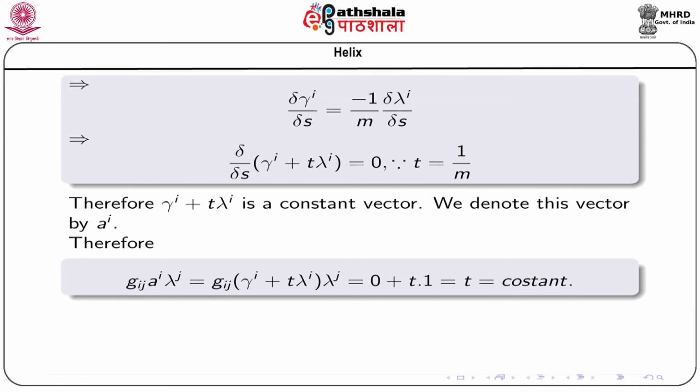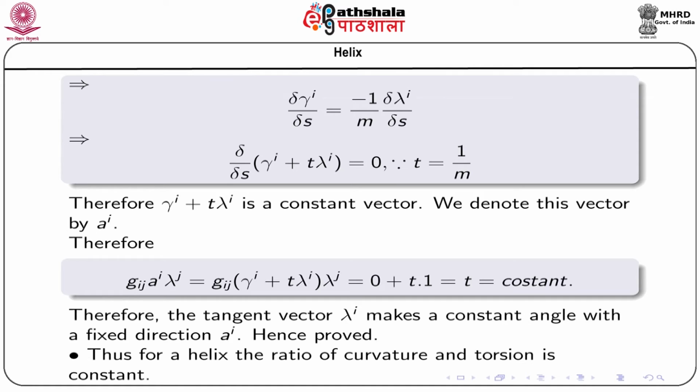So, the tangent vector lambda^i makes a constant angle with a fixed direction a^i. Hence, the theorem is proved, and we can say that for a helix, the ratio of curvature and torsion is constant.